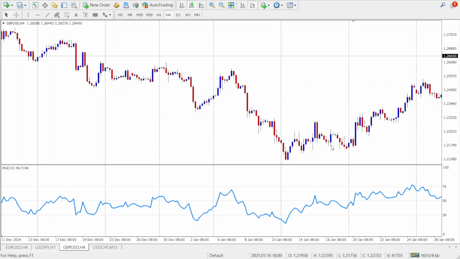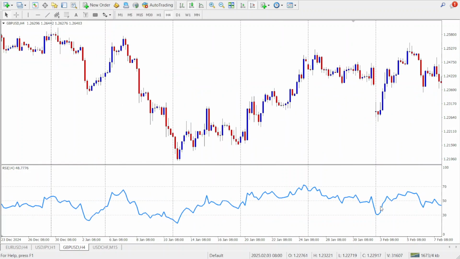The result is an oscillator that moves between 0 and 100. If RSI is above 70, the asset is considered overbought, meaning a potential reversal or pullback could be coming. And if the RSI drops below 30, the asset is considered oversold, which could signal a buying opportunity.